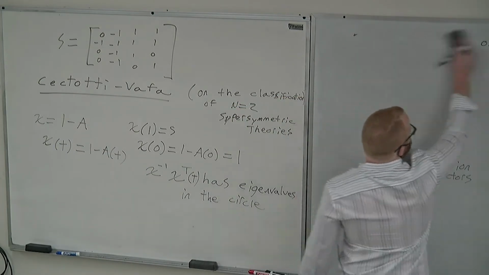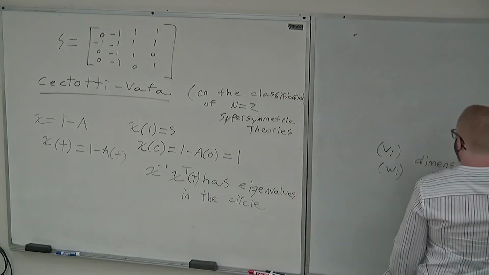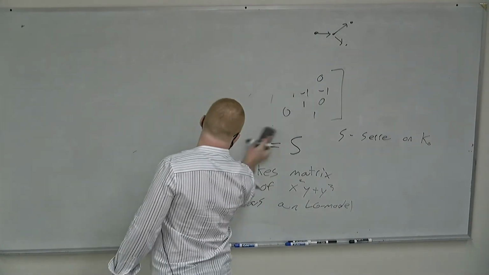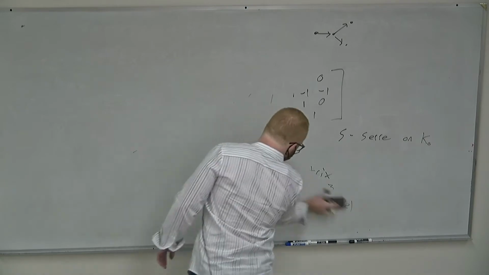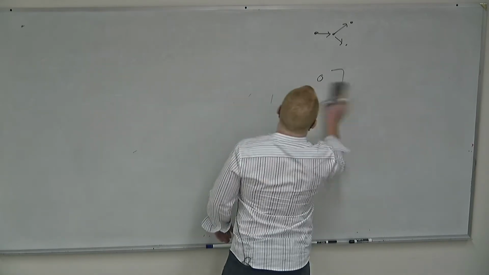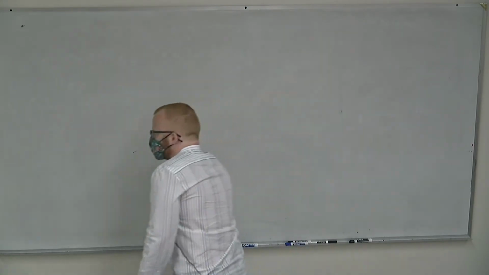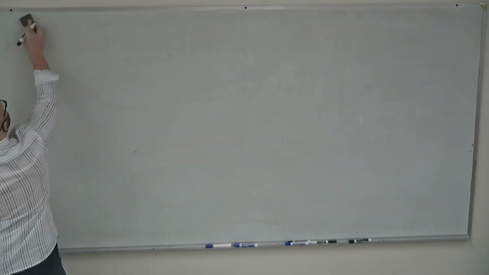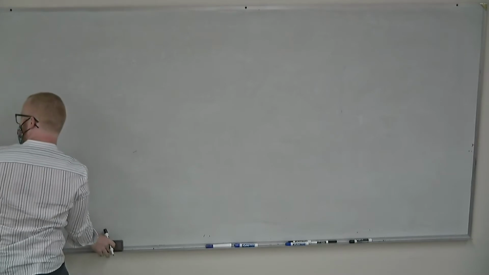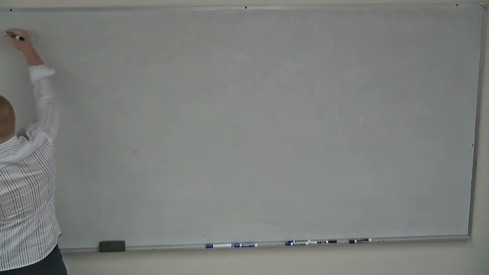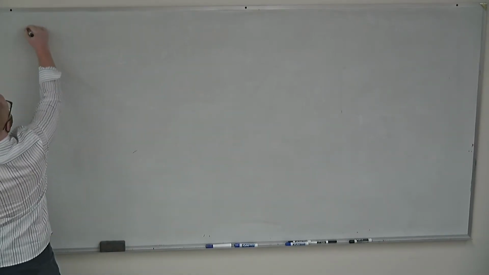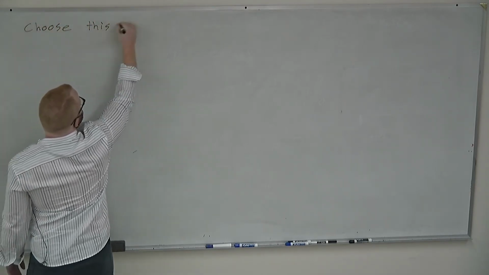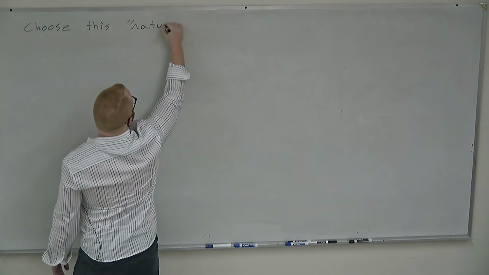So the idea is that you pick this deformation of the matrix naturally, from the identity to my chi matrix. What that means naturally is sort of up in the air. I'll just put it like this and maybe talk about it in a minute. So choose this naturally.